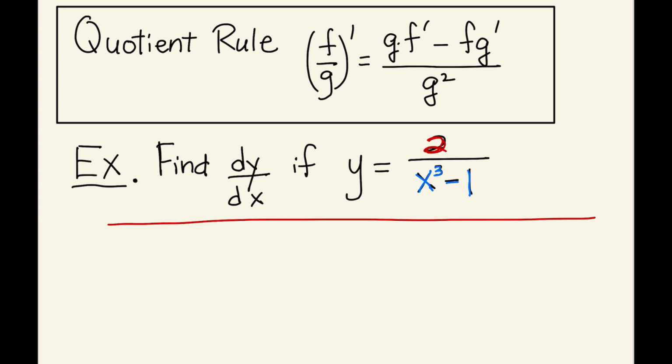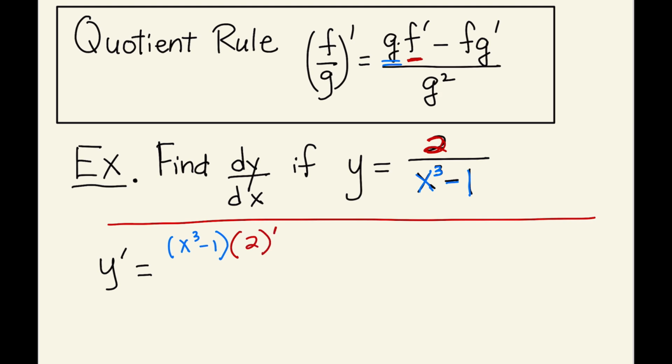Let's calculate y prime. It tells me to start off with the bottom function, x cubed minus 1, multiplied by the derivative of the top function, which is 2, and then I take the derivative.